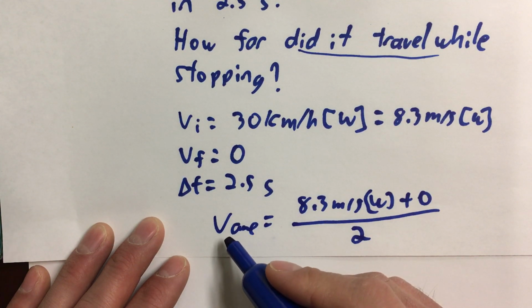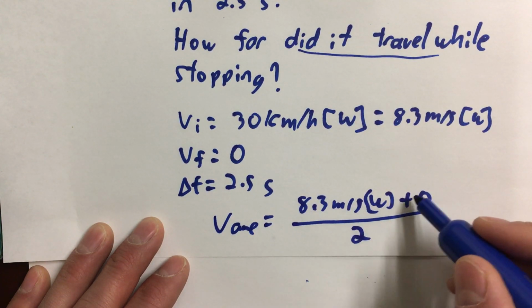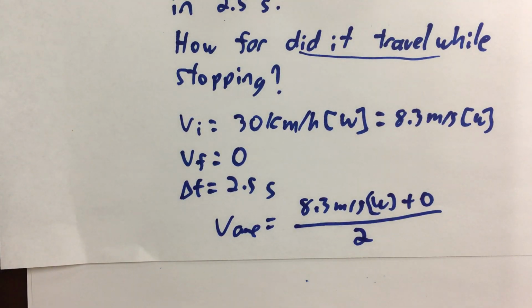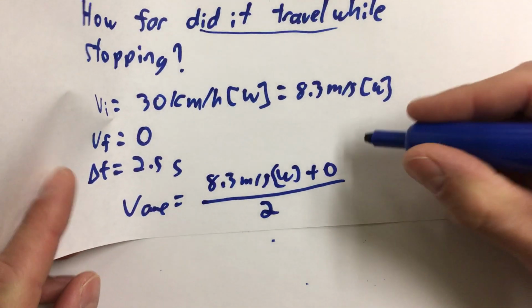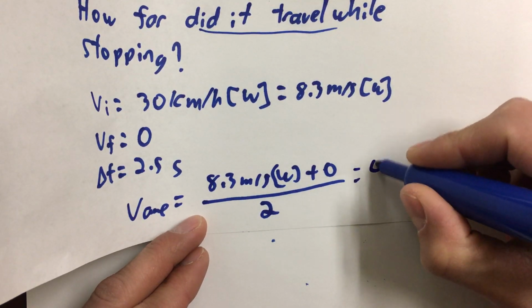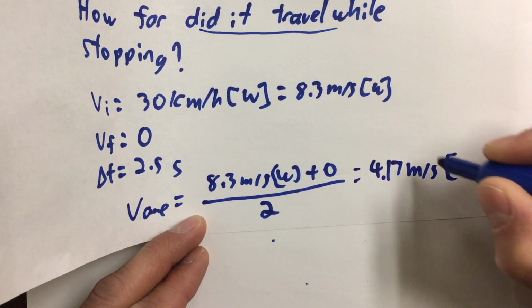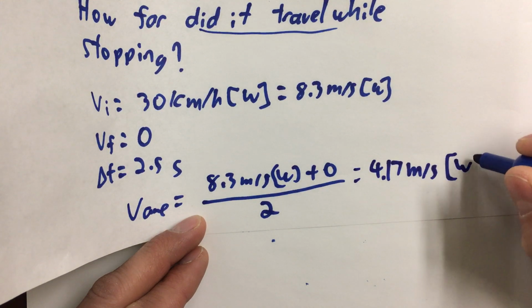The average velocity is 8.3 plus 0, so that's 8.3 divided by 2. So that's 4.17. So our average velocity is 4.17 meters per second west.